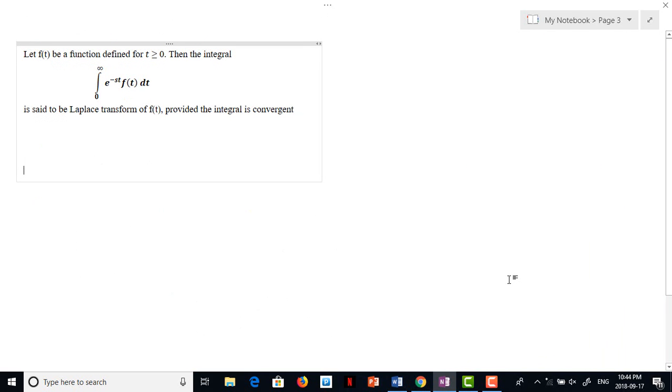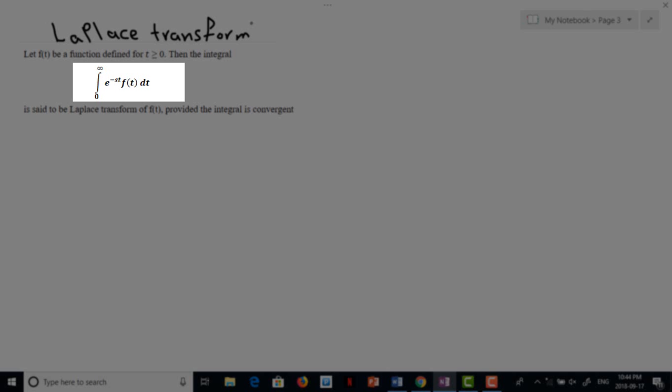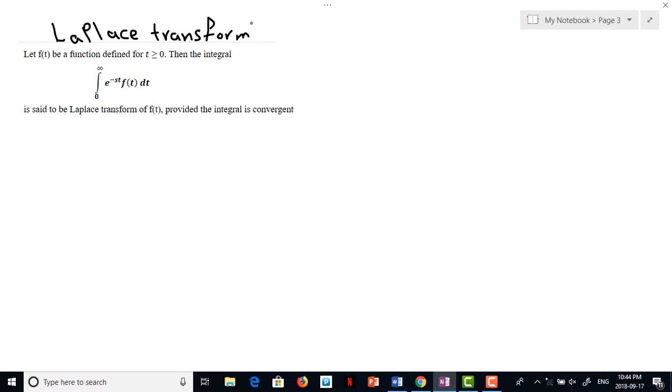For the Laplace transform, it says let f be a function defined for t greater than or equal to 0, then the integral of e to the power of minus st times f(t) dt from 0 to infinity is said to be the Laplace transform of f(t), provided the integral is convergent.